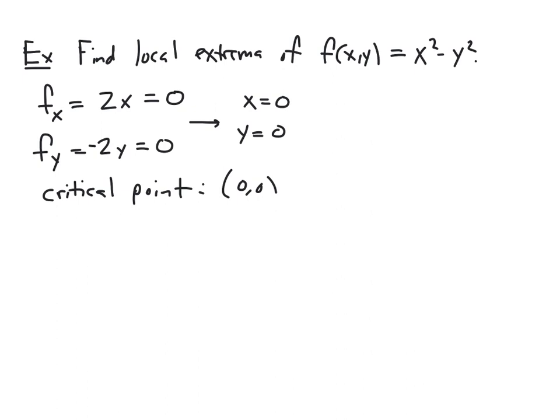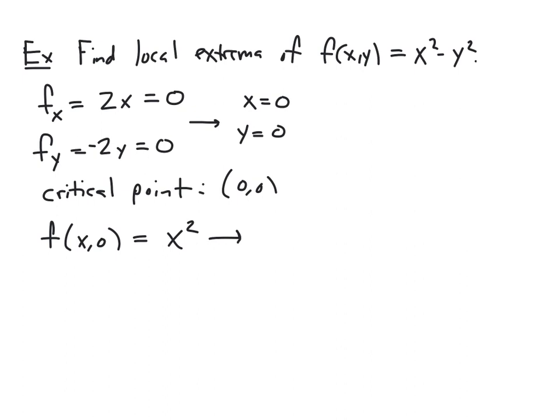For example, I might want to approach the origin along the x-axis, that's if y was equal to 0. Then I would be looking at the function f of x, 0, because I'm letting y be 0 along the x-axis. And f of x, 0, notice, is just x squared.